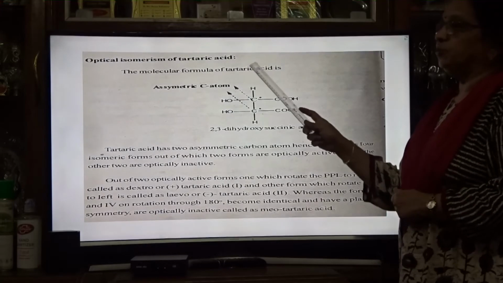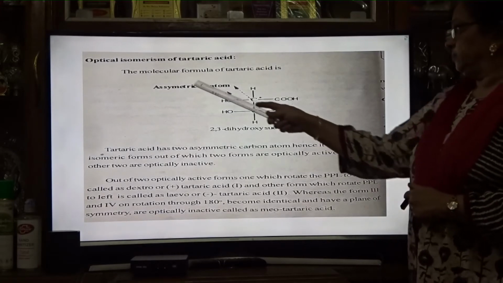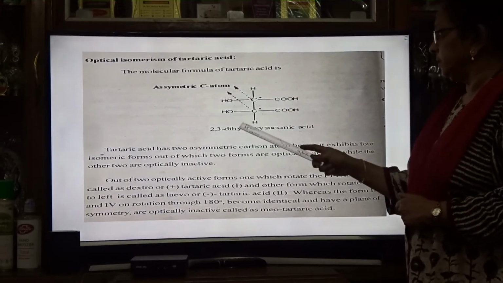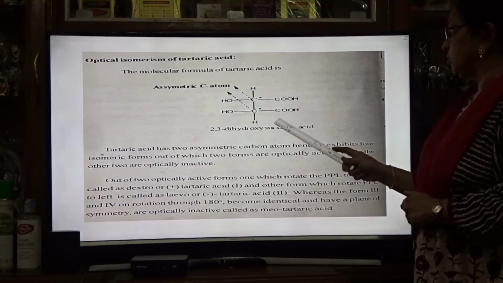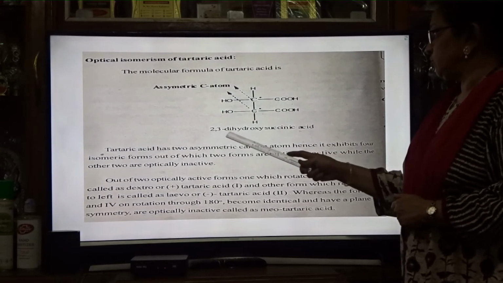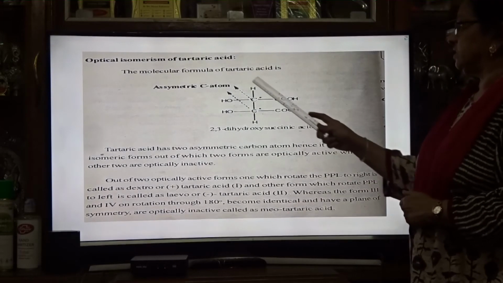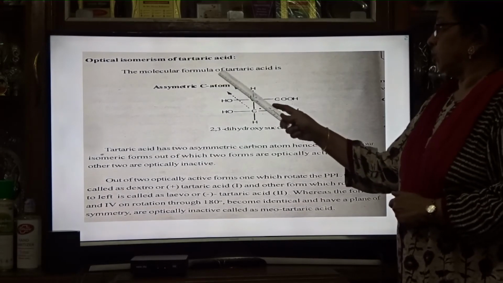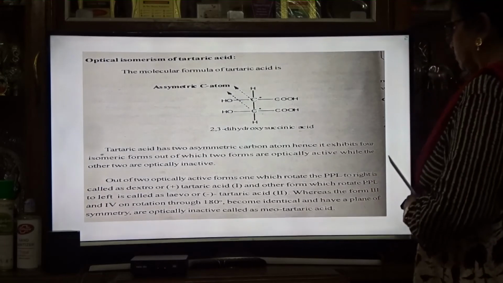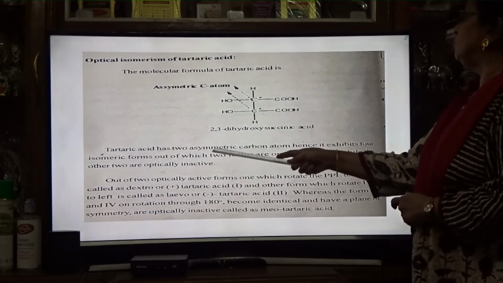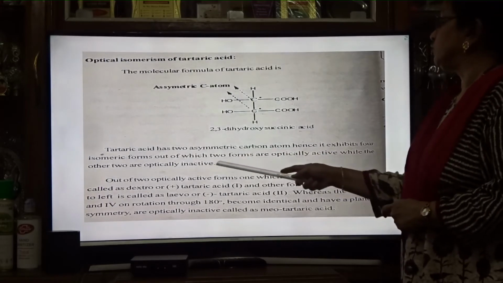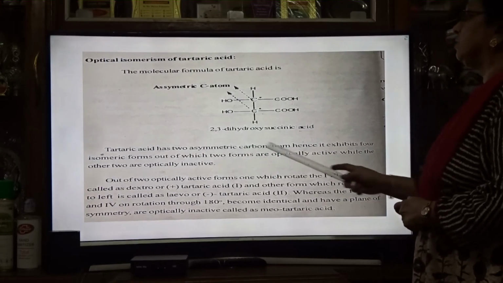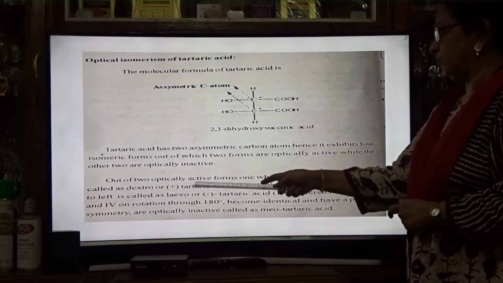Then optical isomerism of tartaric acid. The molecular formula of tartaric acid. So we are seeing two asymmetric carbons are there, two COOH, OH, OH, 2,3-dihydroxy succinic acid. Tartaric acid has two asymmetric carbon atoms, hence it exhibits four isomeric forms, out of which two forms are optically active while the other two are optically inactive.